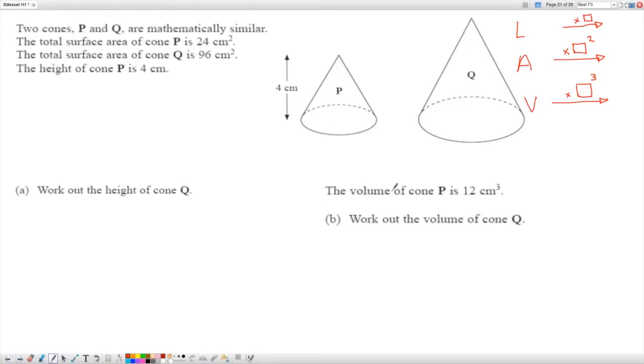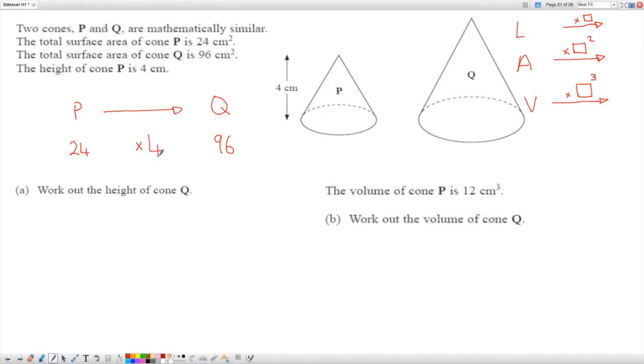Let's take a look at the first question. We're asked to work out the height of cone Q. We have our value here of 4, and we need to find the height of Q. We do know the surface area from P to Q. Surface area here is 24 and here is 96. So from here to here, we times by 4.